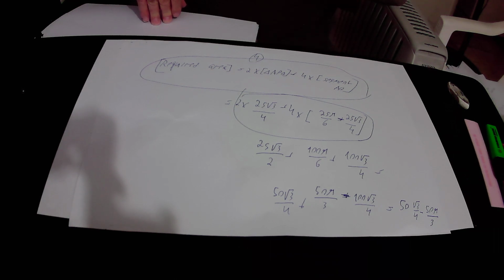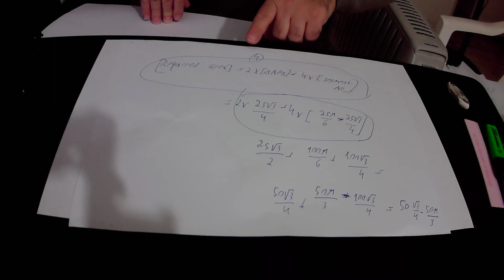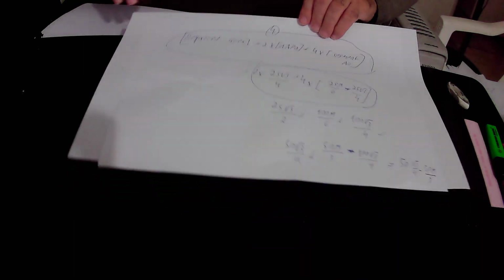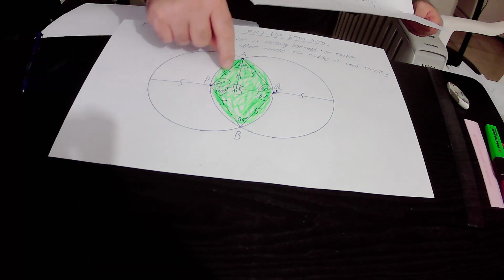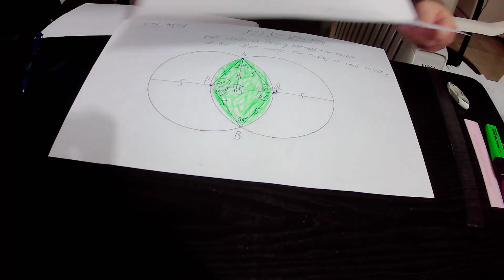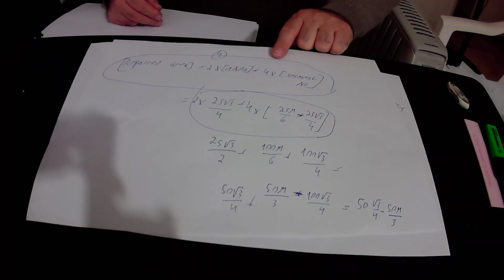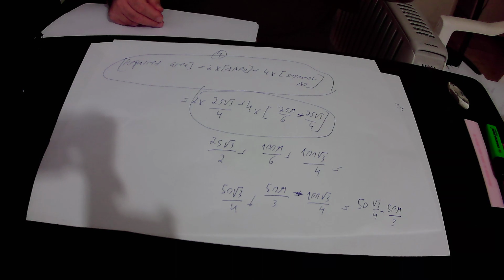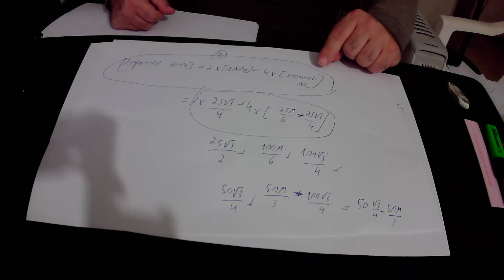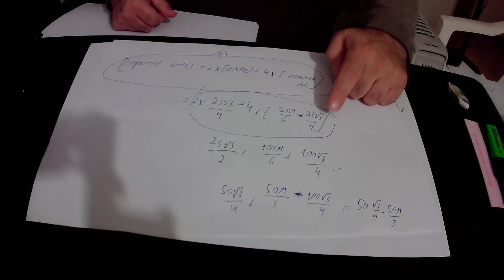The area of triangle APQ is 25 times square root of 3 over 4, and we multiply it by 2 to get the area of those two equilateral triangles, plus the four segments, which make up this green area. The area of segment AQ equals 25 pi over 6 minus 25 square root of 3 over 4.